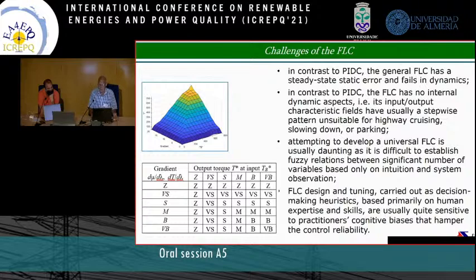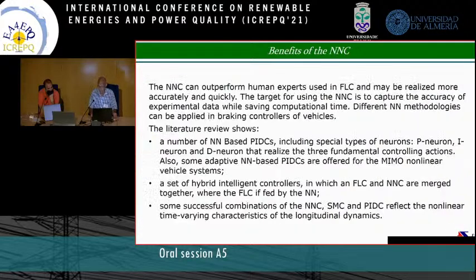This is why today we use the neural network system. In this case, experts are not required. We require only training the system in different situations. Our training was provided using a number of 100 situations, different kinds of roads: asphalt roads, rainy road, snowy road, icy road.